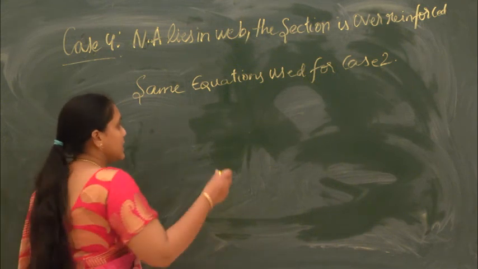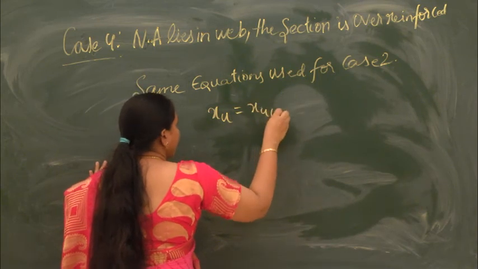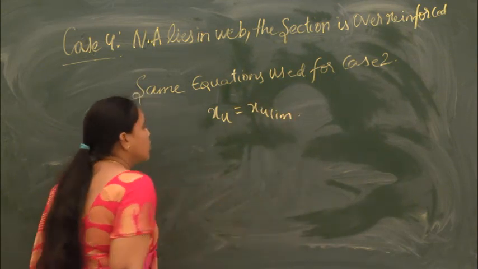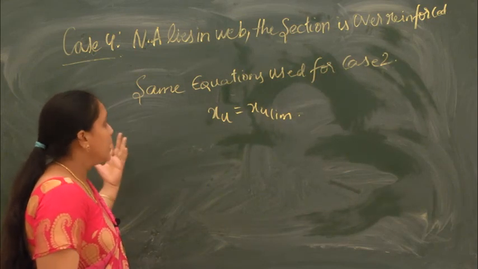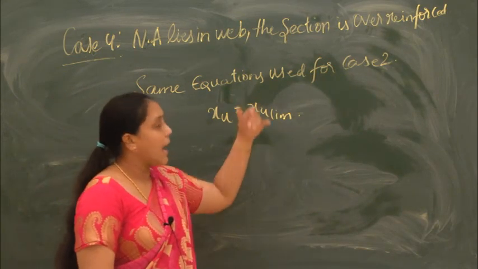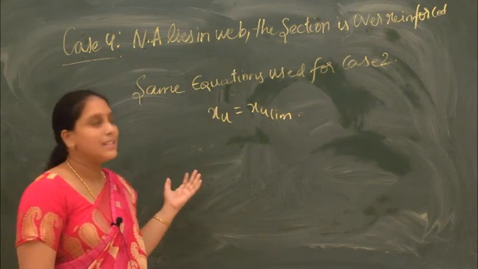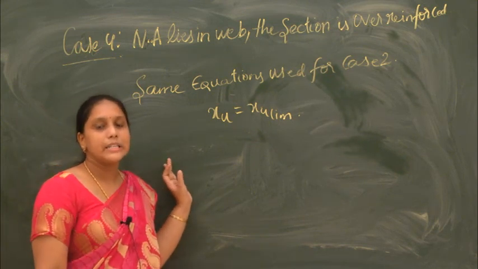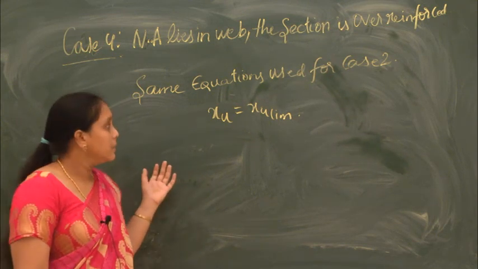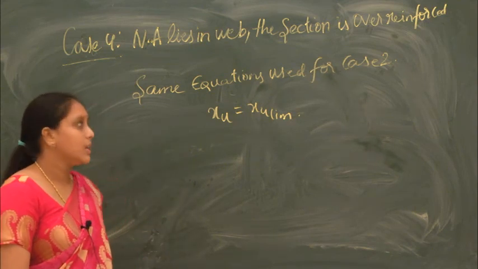Because there also, as it is an over reinforced section, the XU should be replaced with XU limit. So for the balanced section and the over reinforced section, we have the same equations for calculating the moment of resistance, and those equations will be used here.